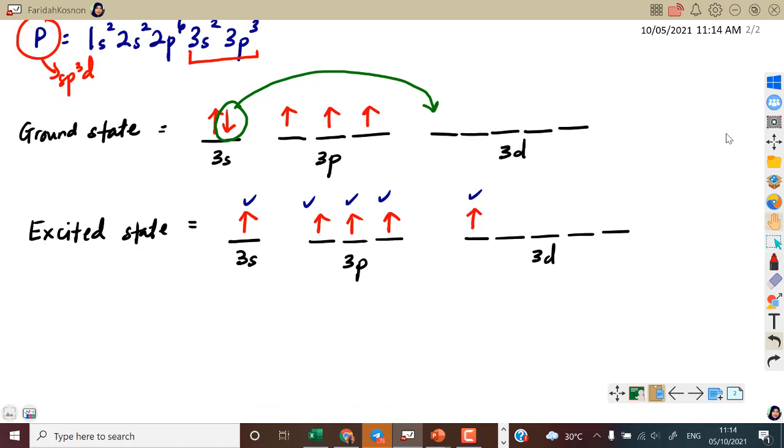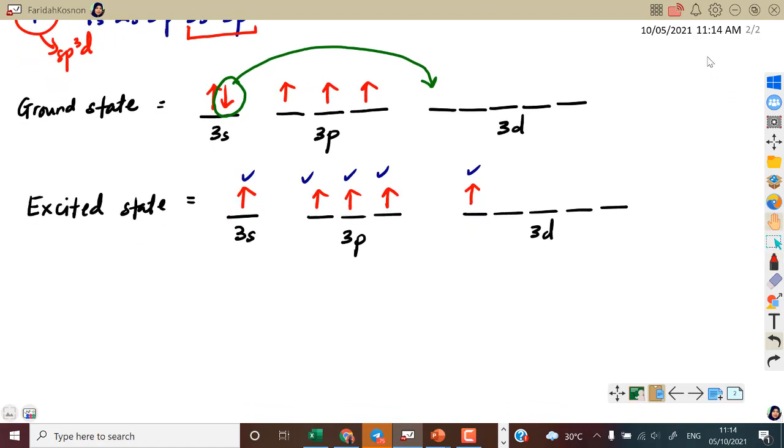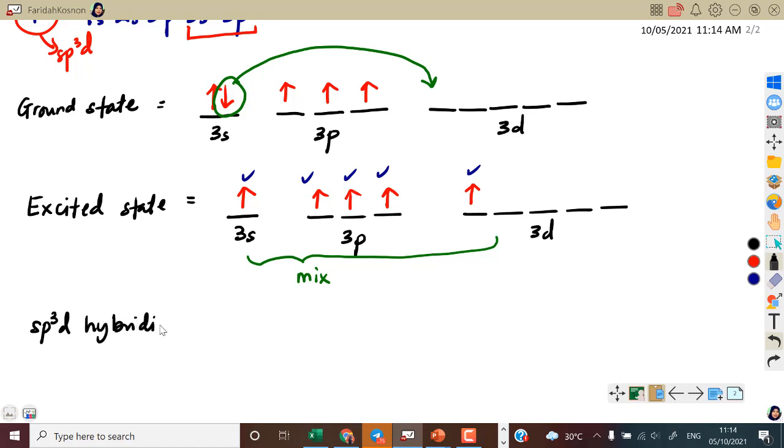Phosphorus atom will undergo hybridization where dia akan mix 3s orbital, 3p orbitals and one of the 3d orbitals untuk menghasilkan satu set orbital yang baru which is called sp3d. So we will have here the sp3d hybridization state.